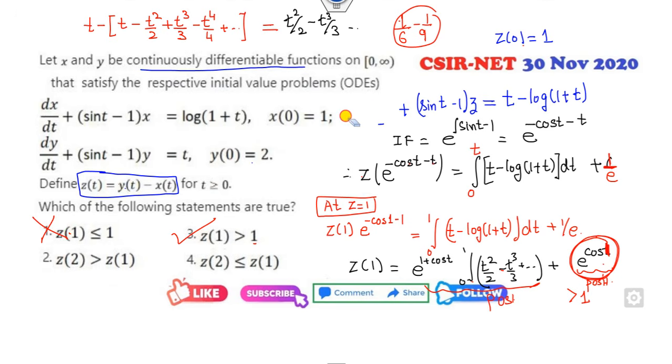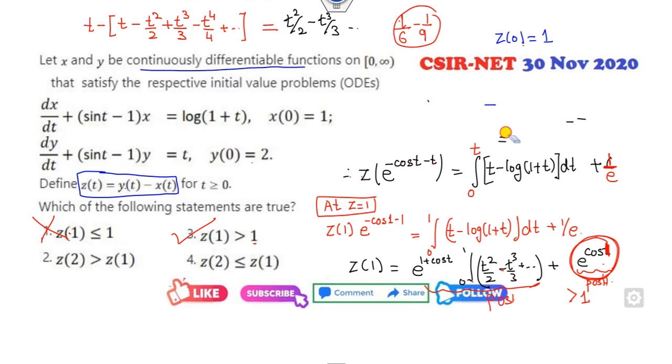Now look at the other solutions. Your target is to find whether z2 is greater than z1 or not. Now I can write z2 as e raised to the power 2 plus cos of 2, integral from 0 to 2 of t minus log of 1 plus t, plus 1 over e of this value.